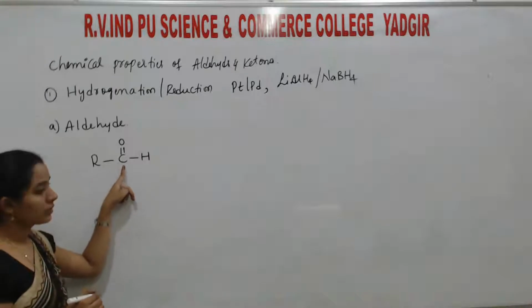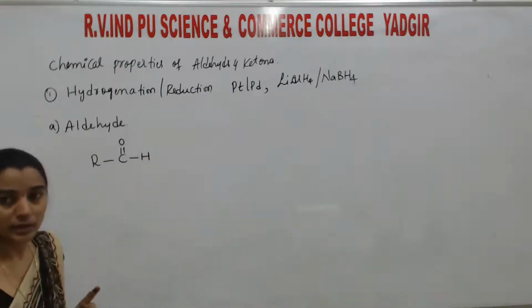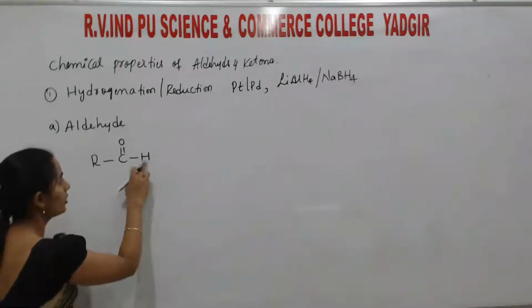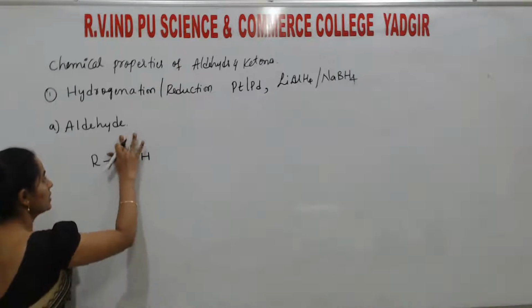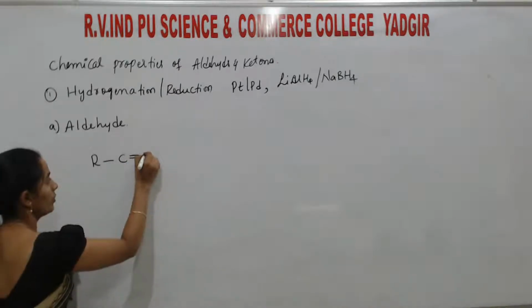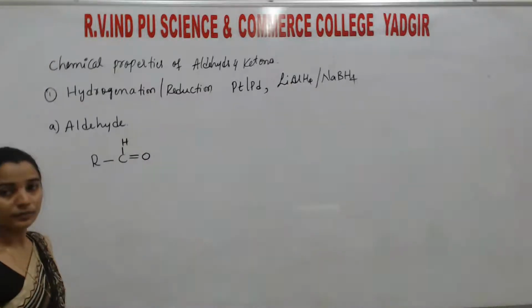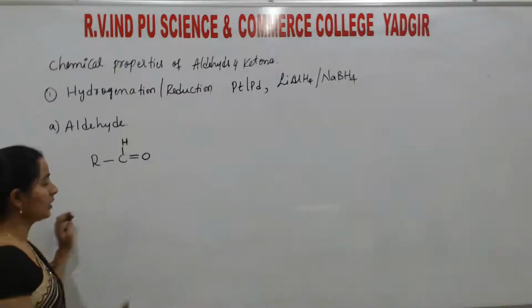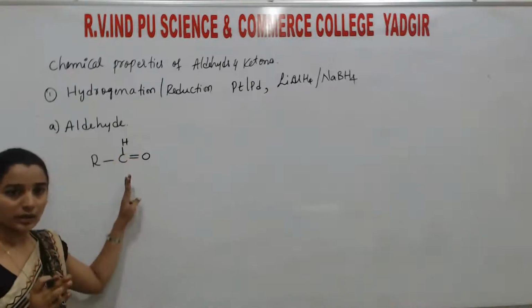So I'll just write this double bond O here and H here. Nothing changes. No matter how you write it, I write this for your convenience to understand easily.